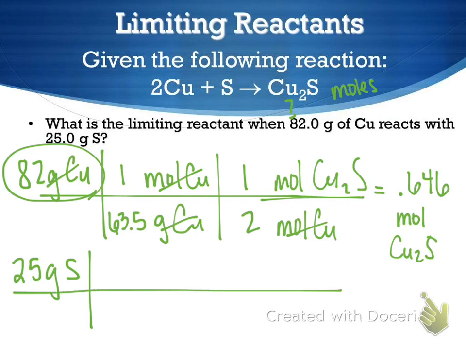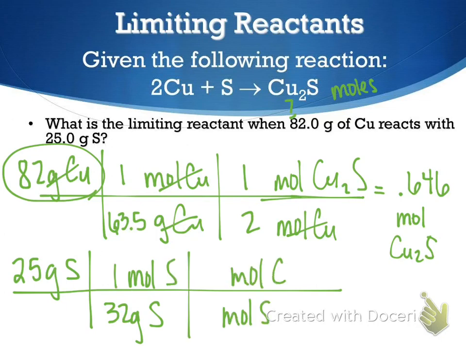So we'll go grams of sulfur to moles of sulfur, and then we do our mole ratio step. Okay, so did we get it to come out at about 0.78?